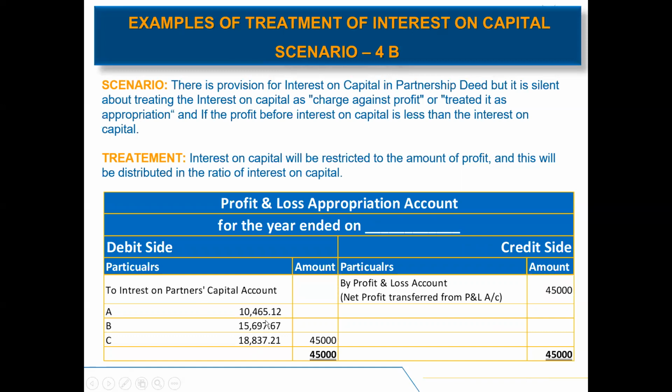So this is how we have distributed the profit on the basis of the calculations we did on the previous slide. So this is how your profit and loss appropriation account should look in regard to the interest on partners' capital.